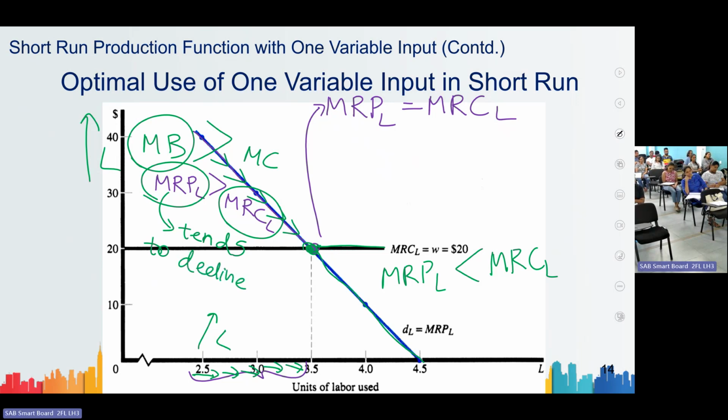It tends to decline and will reach this point eventually. The producer will reach this point eventually where L star level of labor is employed.